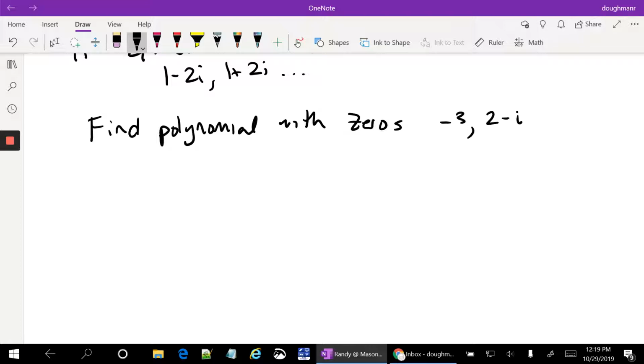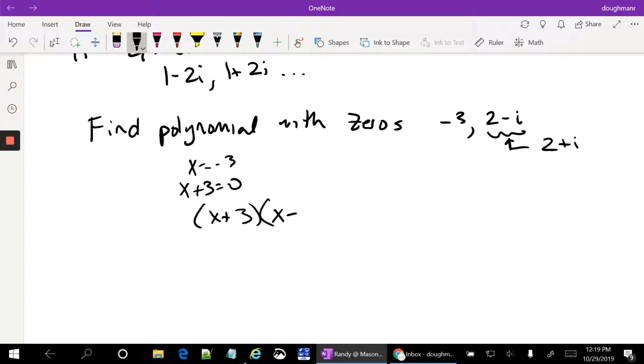The first thing is, since I know 2 minus i is a root, that means 2 plus i is also a root. And going from roots or zeros to factors, x equals negative 3 means x plus 3 equals 0.